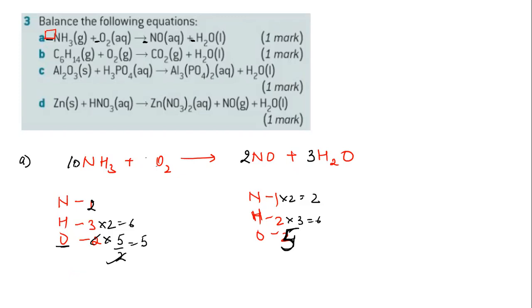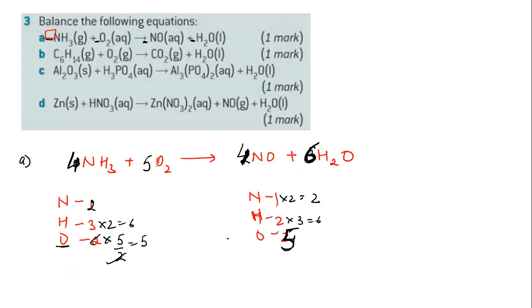So it will become 10. No, 4. This will become 4 and this will become 6. Is that clear now? Got it? Okay. So always use this type of trick.